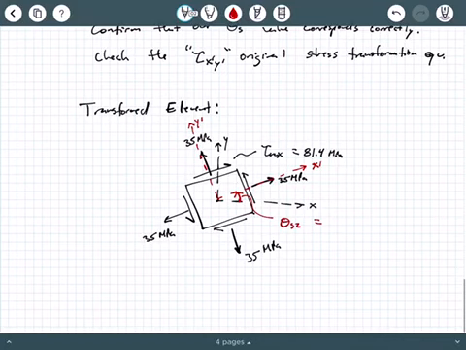This would be x prime, and then this would be y prime. So where is the theta S2? Theta S2 should be right here. Theta S2, and that was what we calculated earlier, is 21.3 degrees.